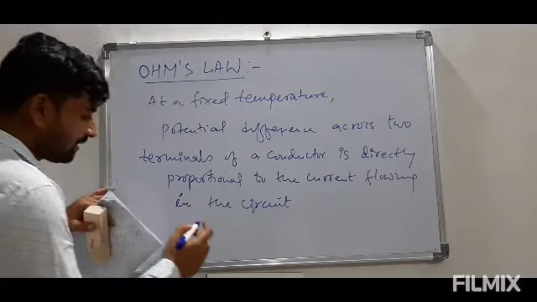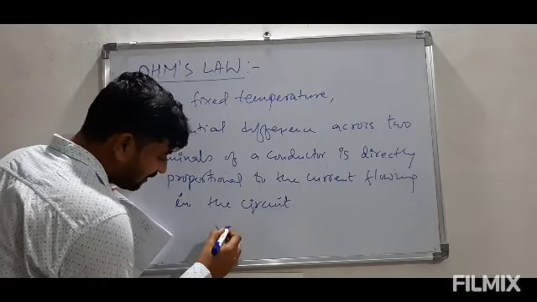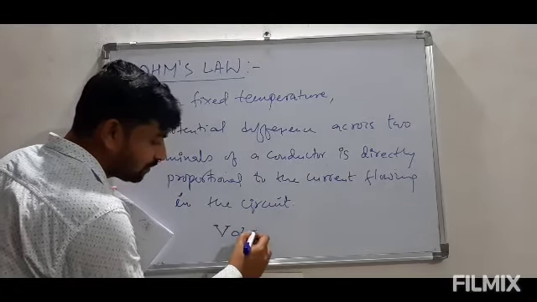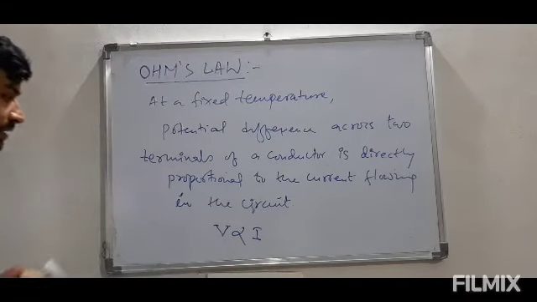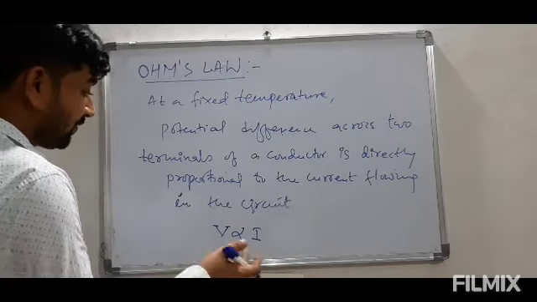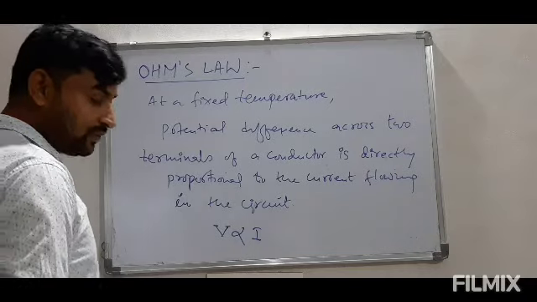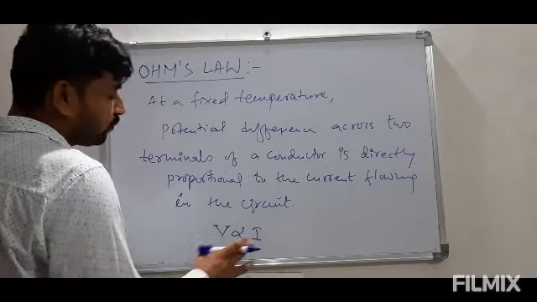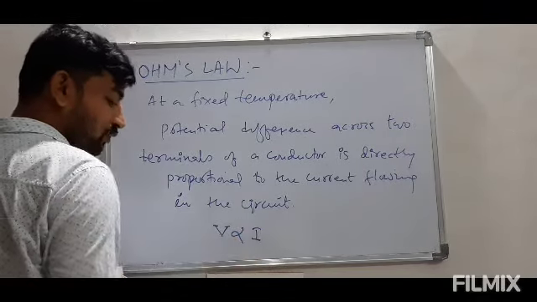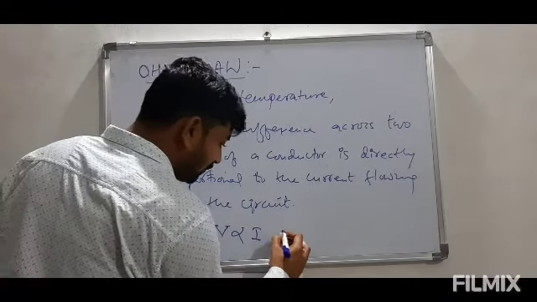So if we write symbolically, it is V is directly proportional to I, and as you must be knowing what you have learned in previous class in gravitation, to remove any proportionality sign we have to add some constant.